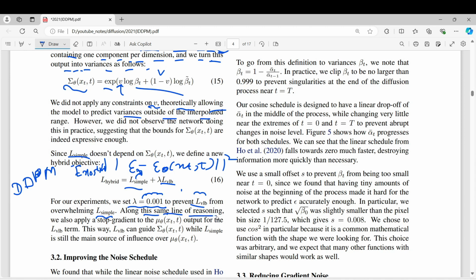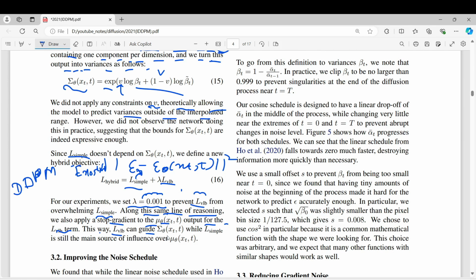Along this same line of reasoning, we also apply a stop gradient to the output for the L_vlb term. So they are stopping the gradients so that this quantity does not overwhelm the other.